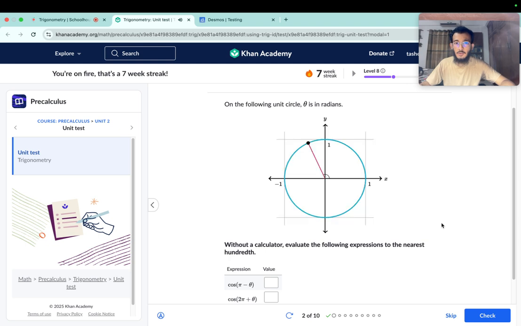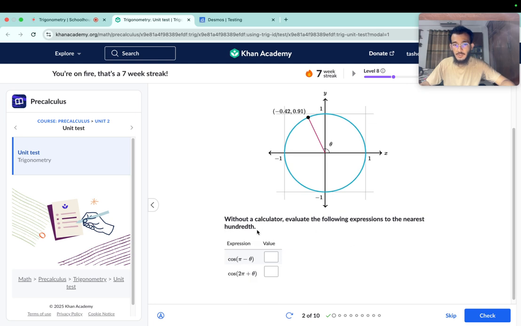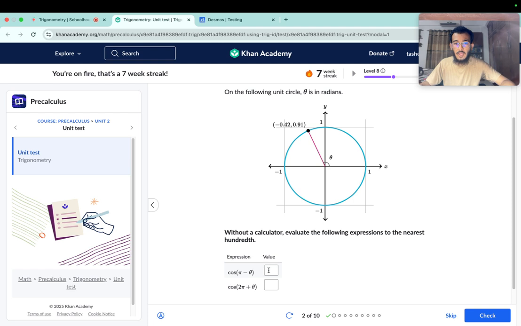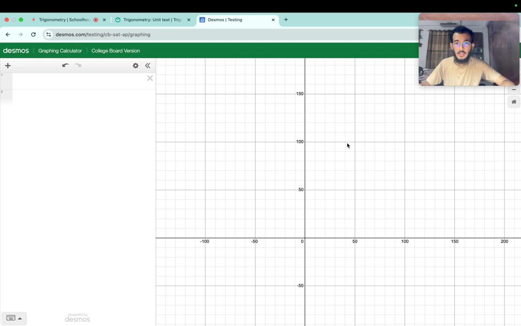All right, on the following unit circle, theta is in radians. Without a calculator, evaluate the following expression to the nearest hundredth. In order to calculate trigonometric ratios like sine, cos, and tan without using a calculator, there is a useful table that we can use.